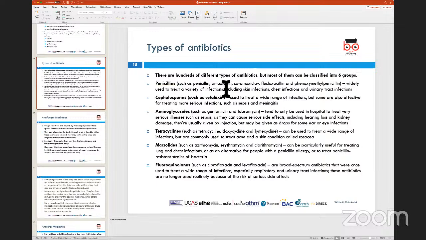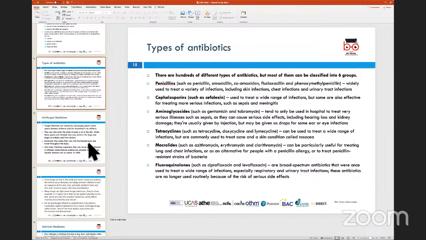It could be termed as amoxicillin, co-amoxiclav, flucloxacillin, phenoxymethylpenicillin, but they are different variations of the same compound. Then you have cephalosporins, aminoglycosides, tetracyclines, macrolides, and fluoroquinolones. These are 6 different types of antibiotics which are used against bacterial infections.